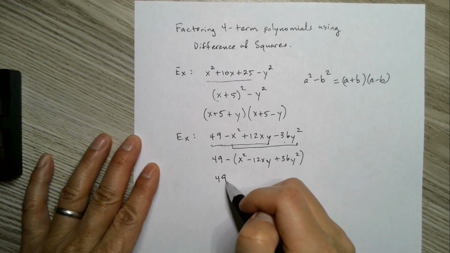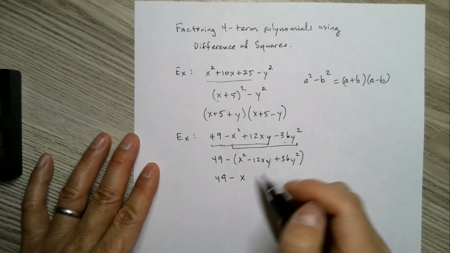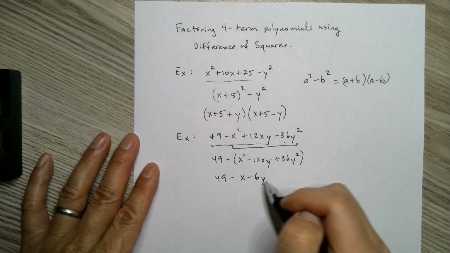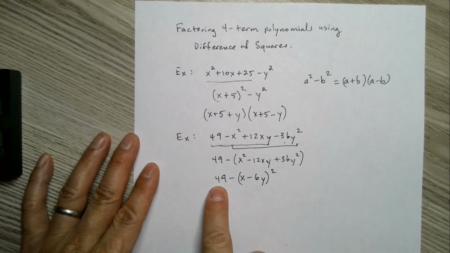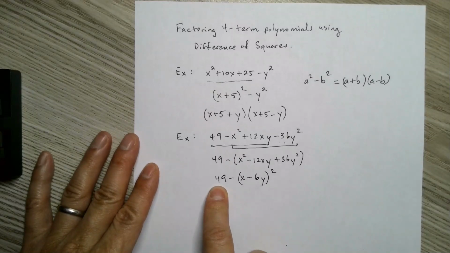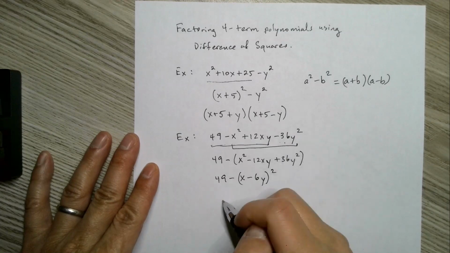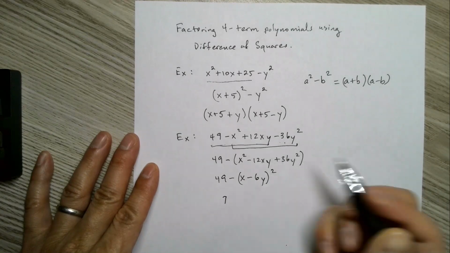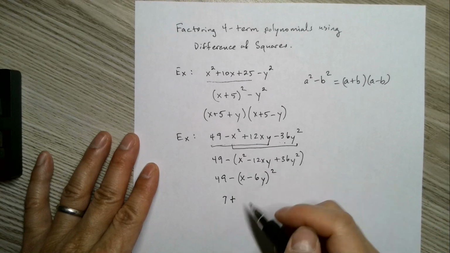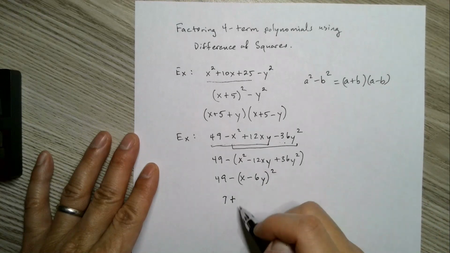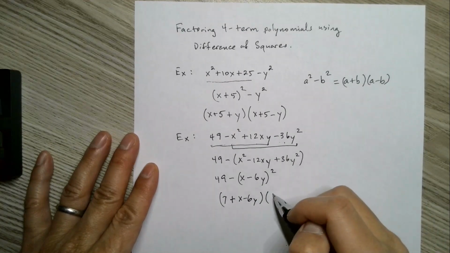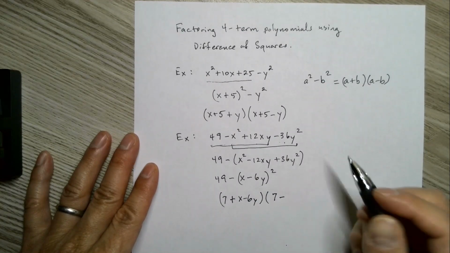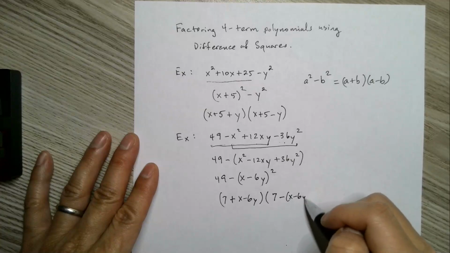Okay, so then from there, I can factor the perfect square trinomial. I have a perfect square here, I have a perfect square here, and 49. So again, I can factor the difference of squares. a is 7, so 7 plus b is x minus 6y, and the second factor is 7 minus x minus 6y.